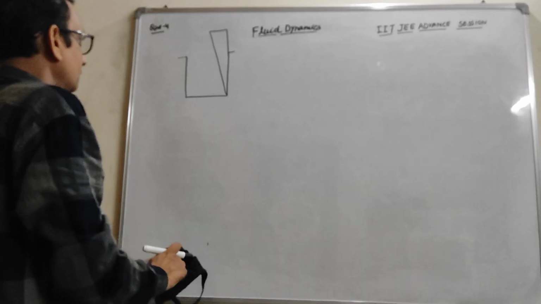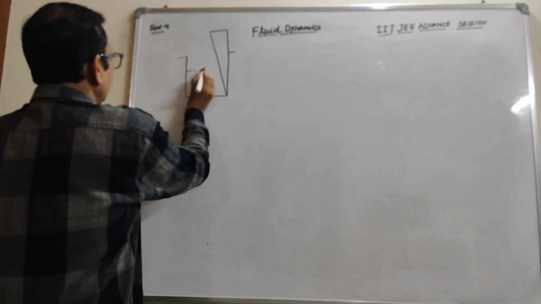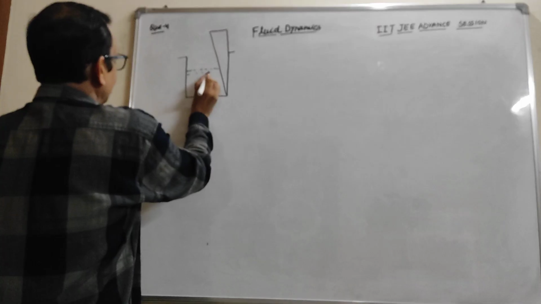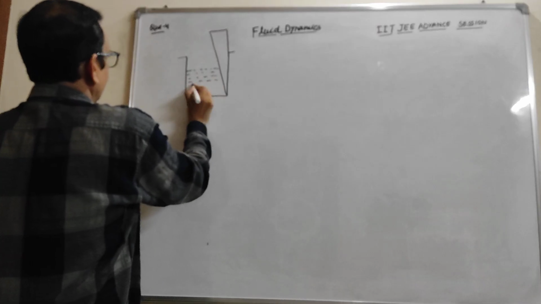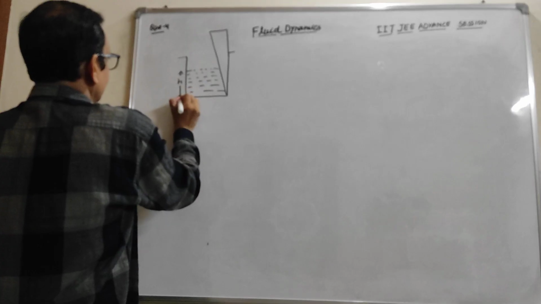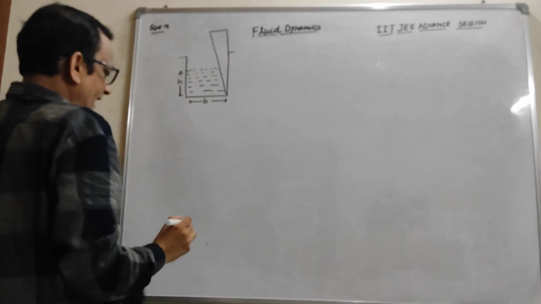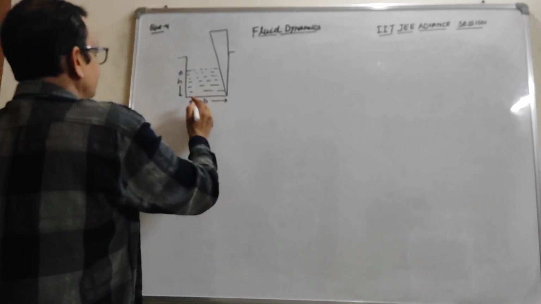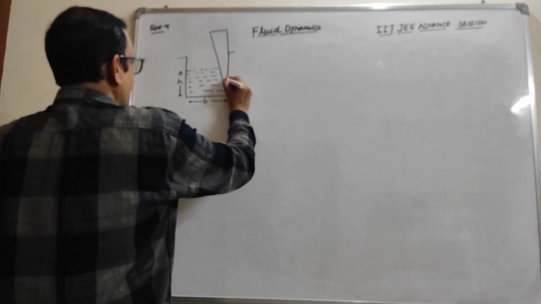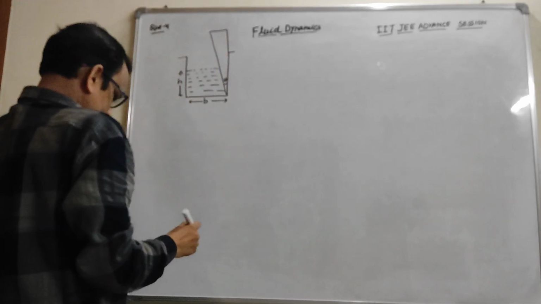So here the liquid is filled to some height, say this height is h, and the width of this square beaker is b, and this is the apex angle theta. This is a wooden block.